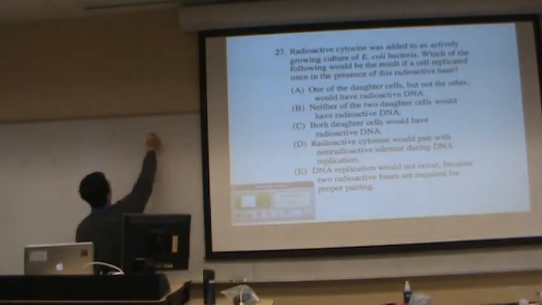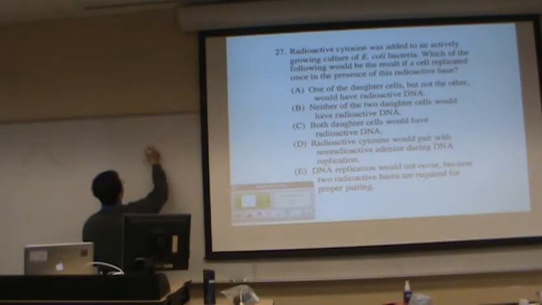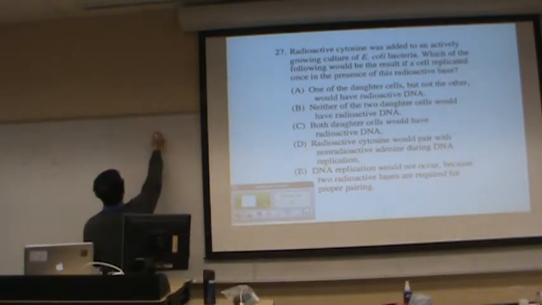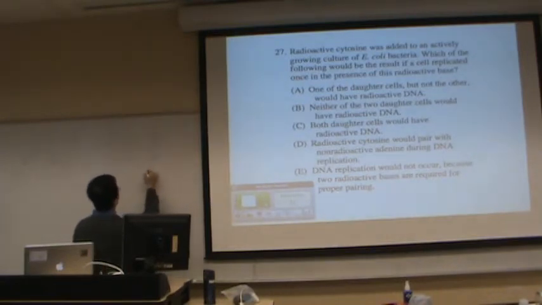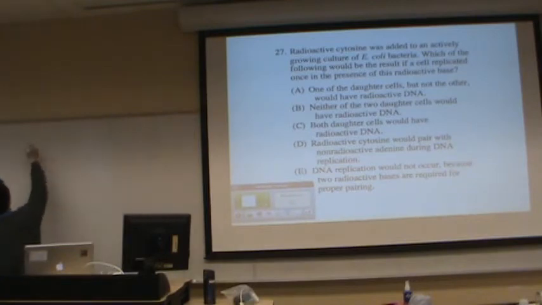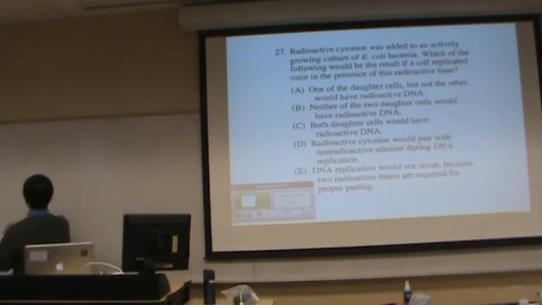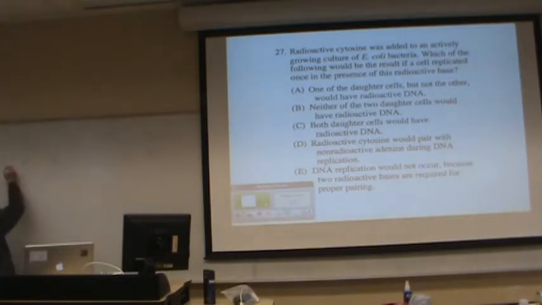So if I have the old DNA strand, maybe I should draw it here. In the first generation, after that, it's going to separate, right?